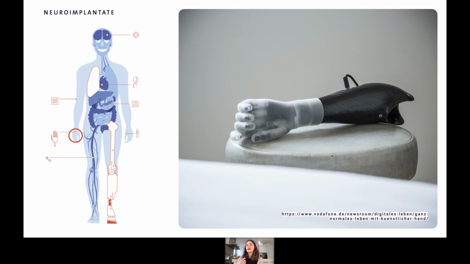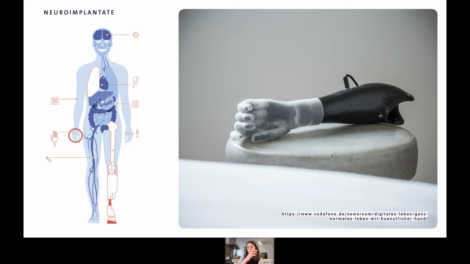And the whole prosthetic in the lower arm has some electrodes, and it can read what kind of muscles are contracted or moving within the lower arm.